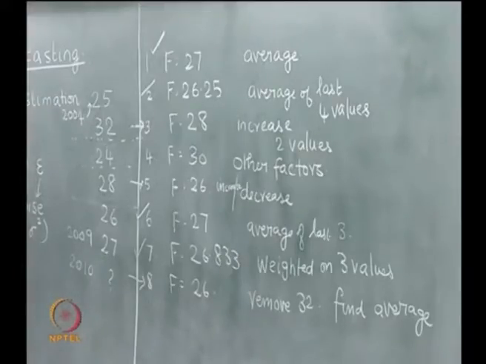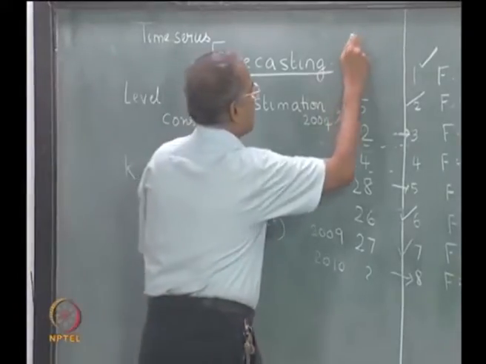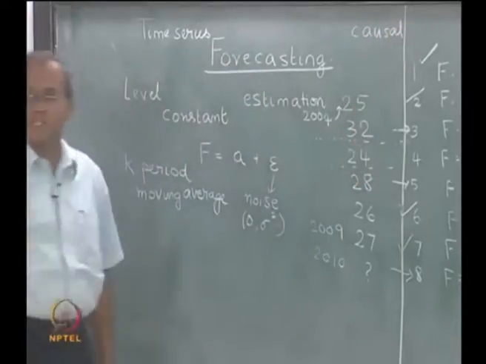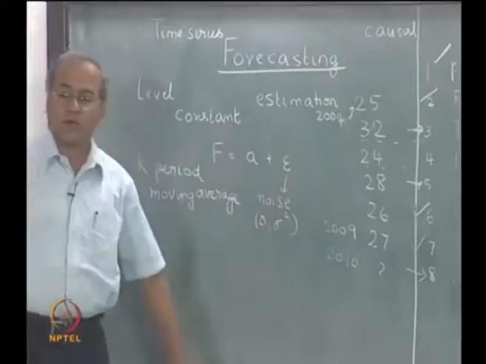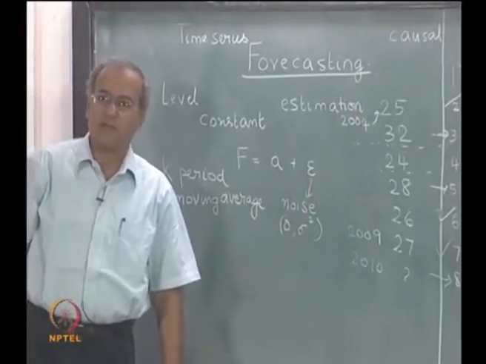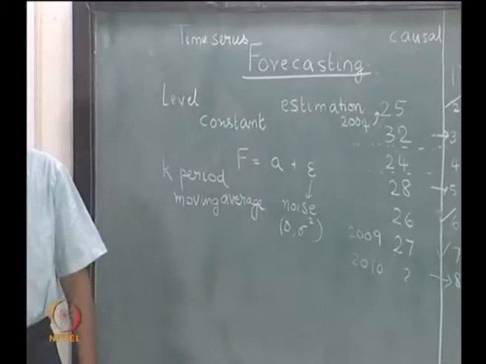Models where other factors influence the forecast are called causal models, where there is a cause and effect relationship between the forecasted variable, which is the dependent variable, and the causal variable which becomes the independent variable.